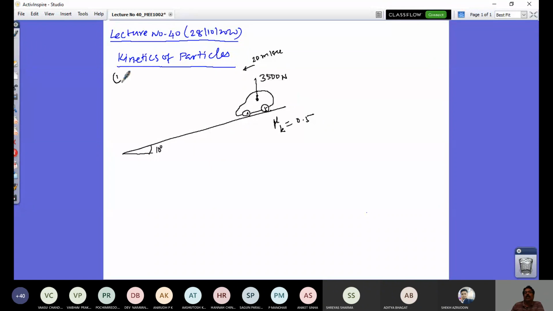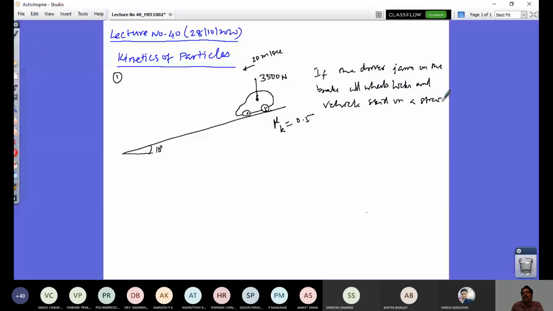So the instant shown here, it is 20 meters per second speed. If the driver jams on the brake, all wheels lock and the vehicle skids on a straight line. This is the condition given.